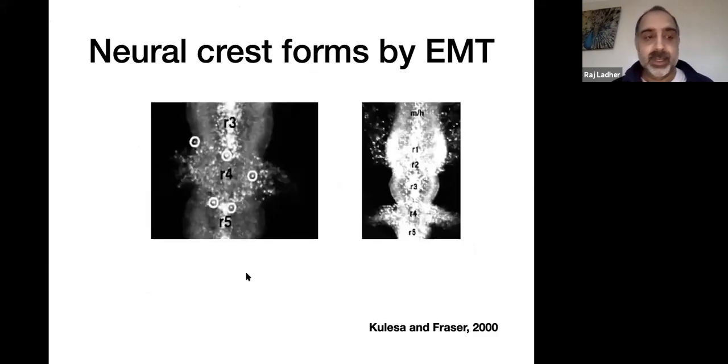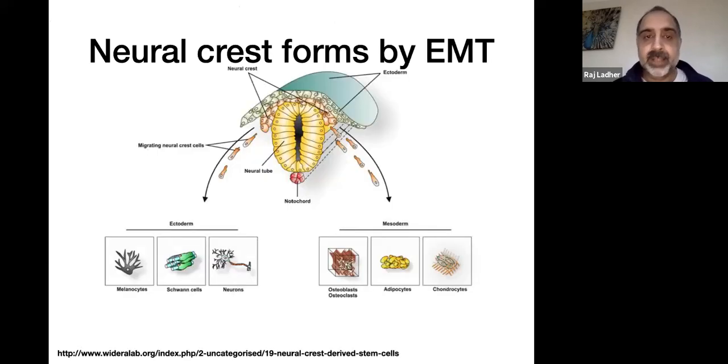Good. So EMT, as its name suggests, is epithelial to mesenchymal transition. So remember, the neural tube is an epithelial cell type, and neural crest is mesenchymal.